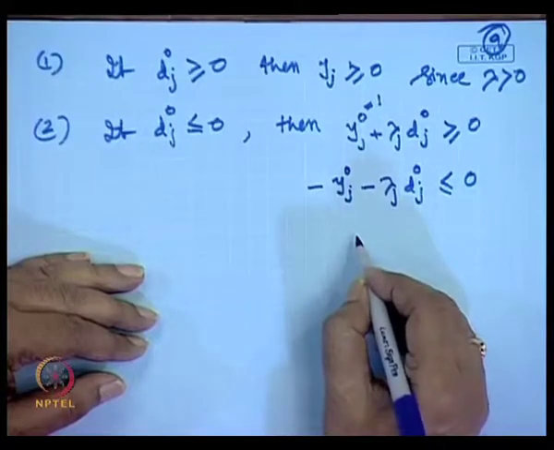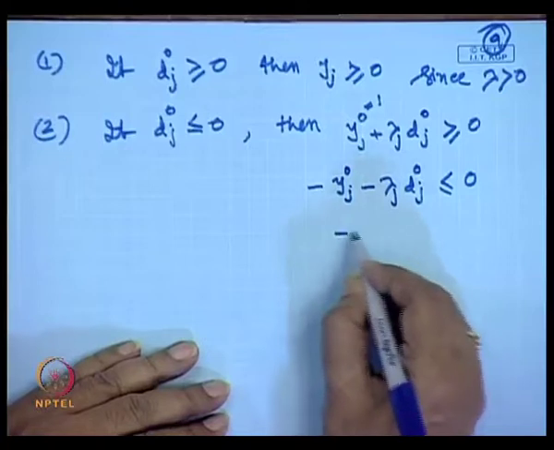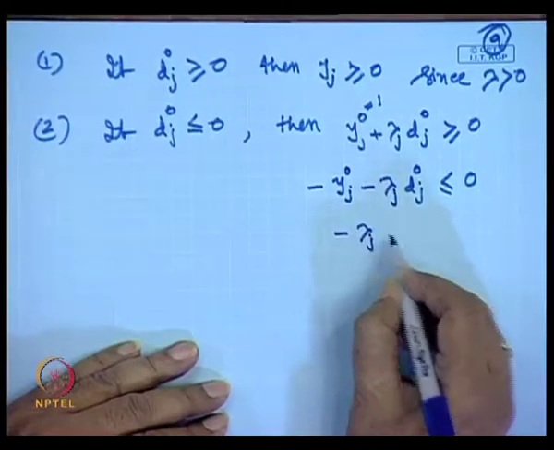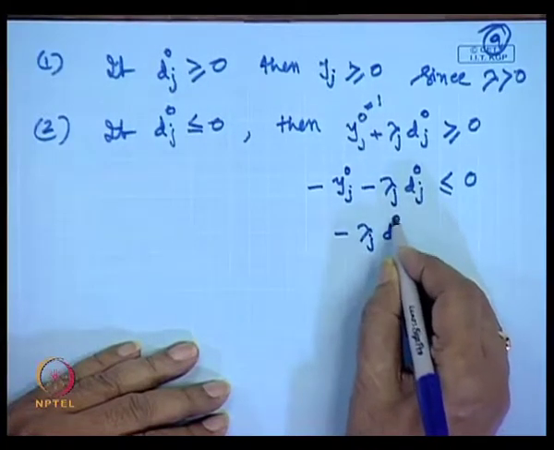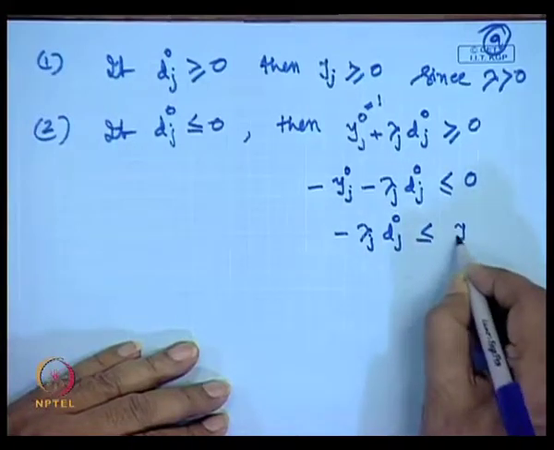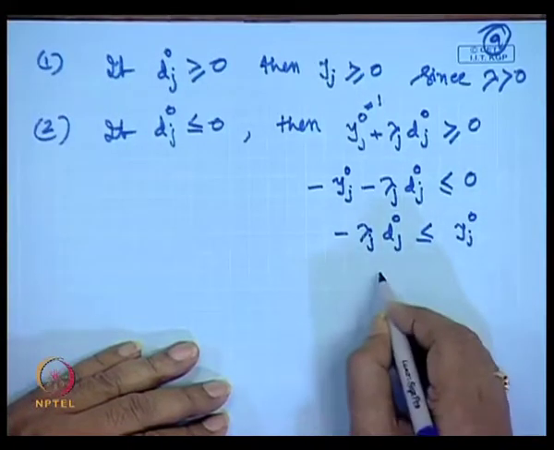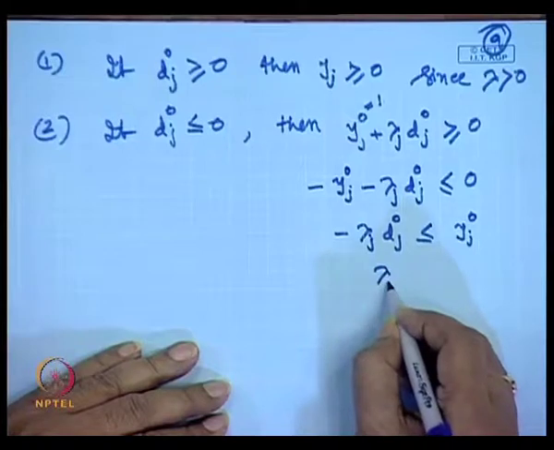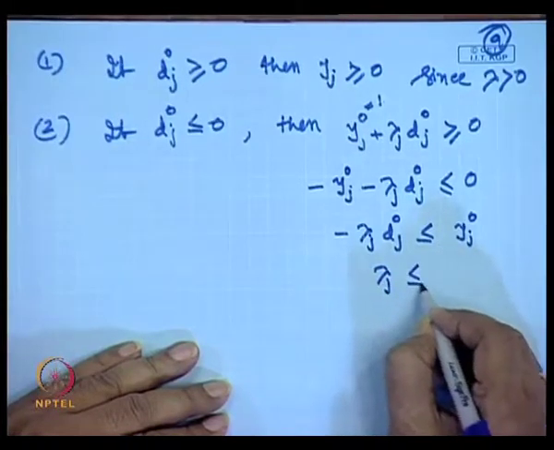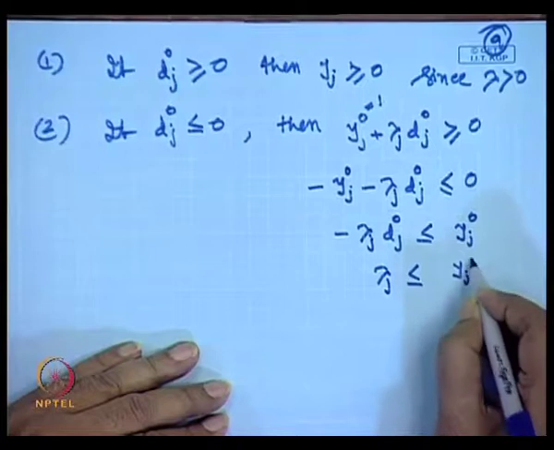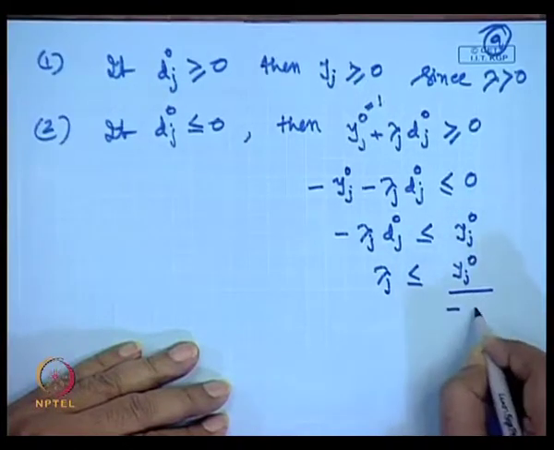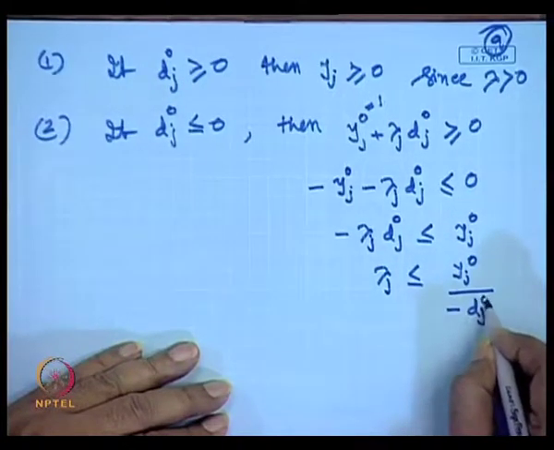So, now you can write that one minus lambda j dj superscript 0 is equal to yj 0. So, lambda j is less than or equal to yj 0 minus dj 0.